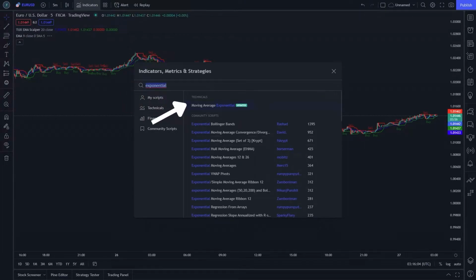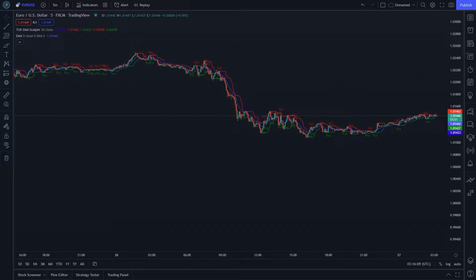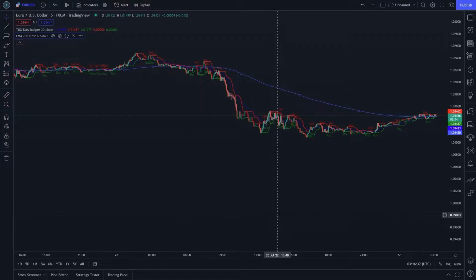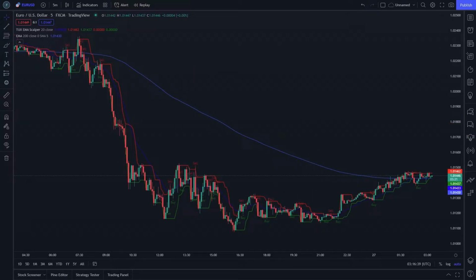Click on it. Now you can see the exponential moving average on your chart. Click on Setting, set the input length to 200. Your chart will look like this.